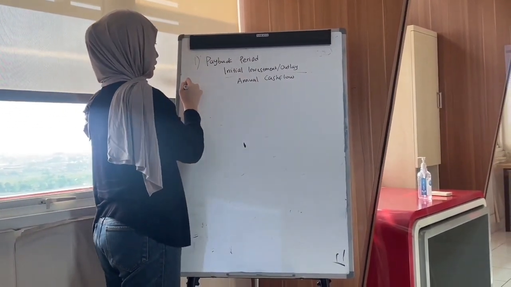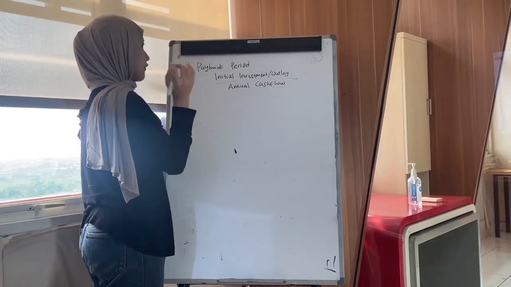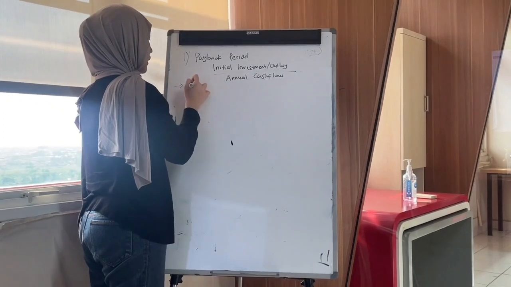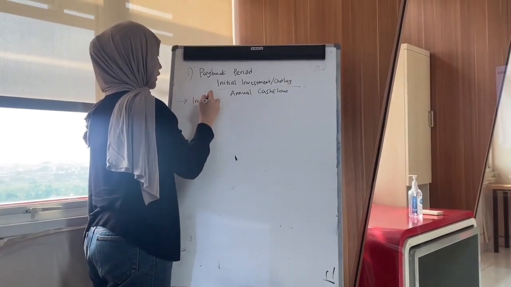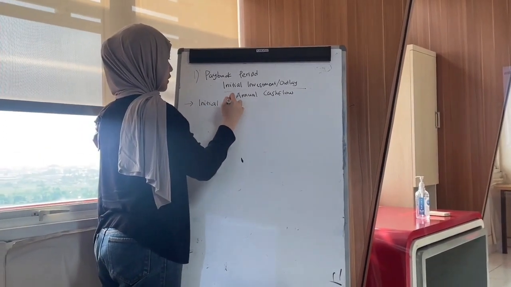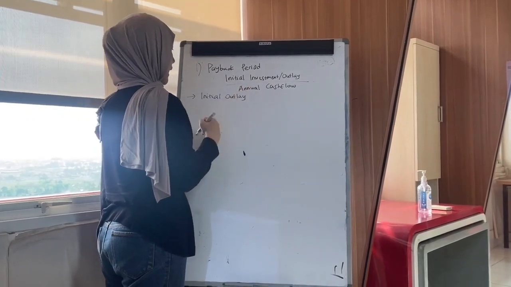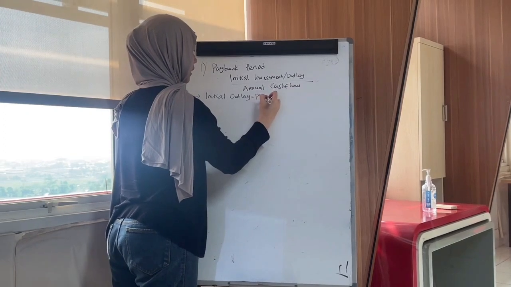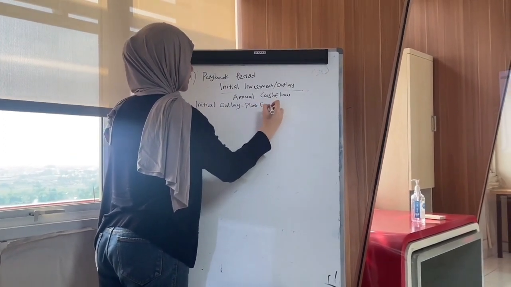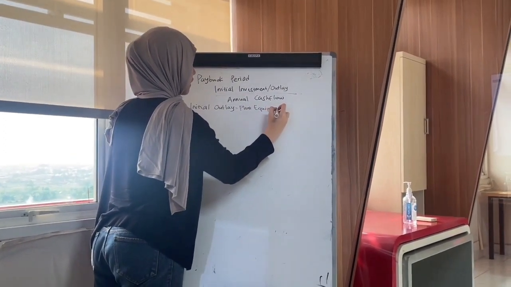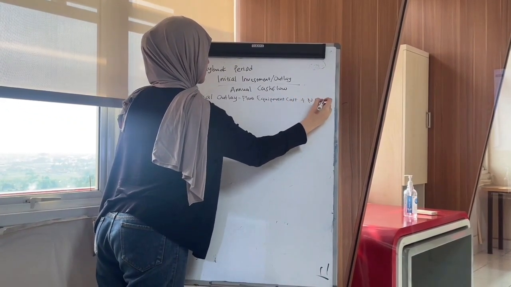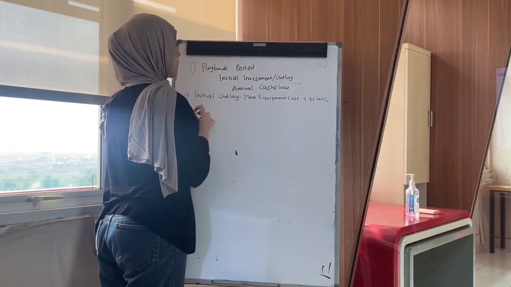Since we don't have any value given for initial outlay, we calculate the initial outlay first by adding the plant and equipment costs plus NWC, or net working capital.